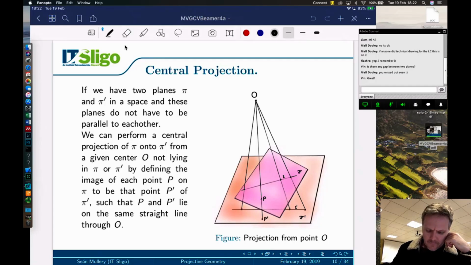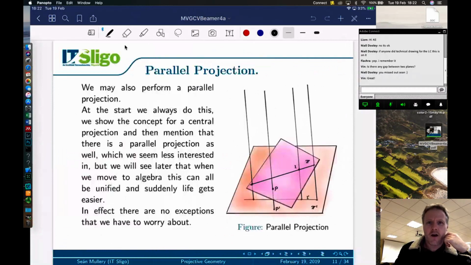So we also have this idea of a parallel projection, and this one is probably even more memorable from technical drawing, because what you used to do is these projections off to the side, where you'd have a plan elevation and an end elevation and so on. I'm going a long way back in my history to remember these, or the different views of it.